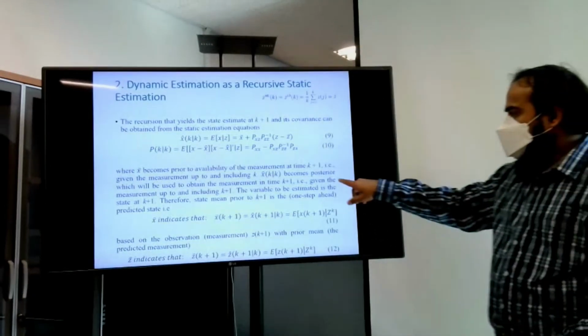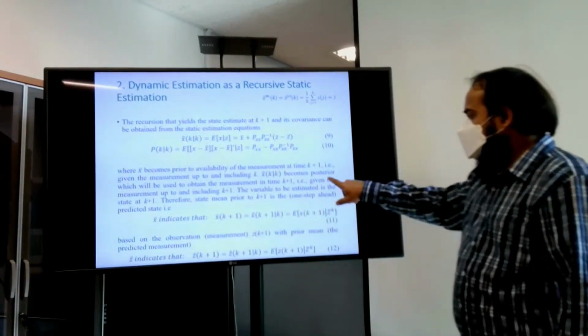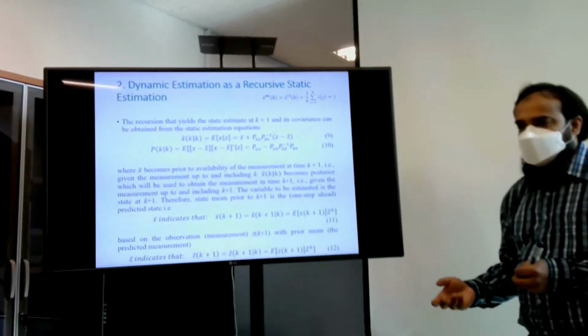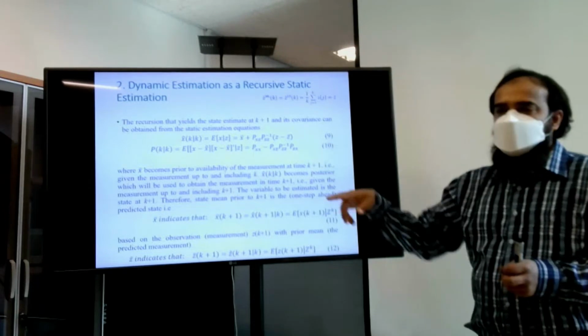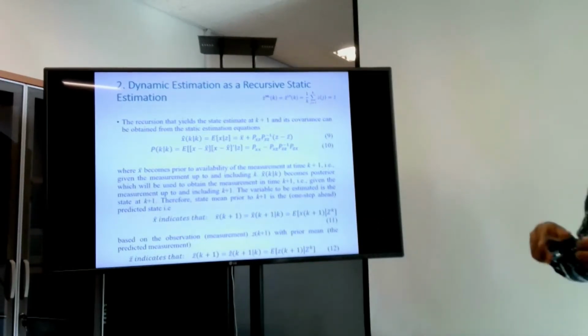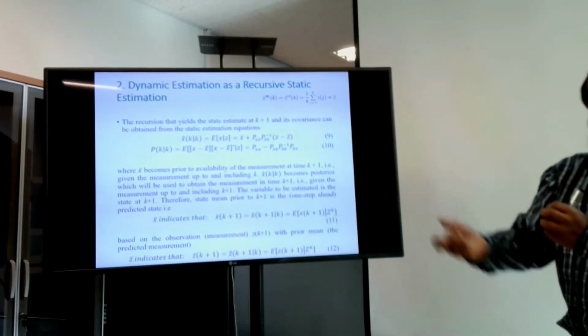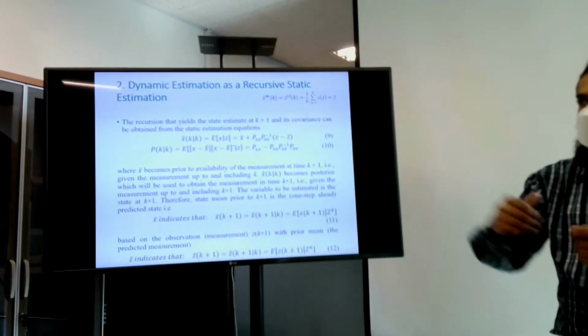Means the posterior is the one step ahead. One step ahead means when we calculate the posterior variable, then we can calculate the one step ahead value, means k plus 1. Now we are at the position of k plus 1.